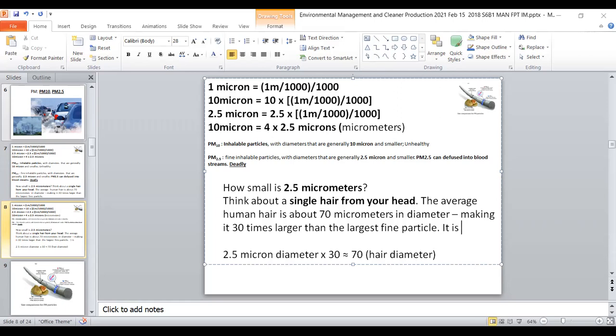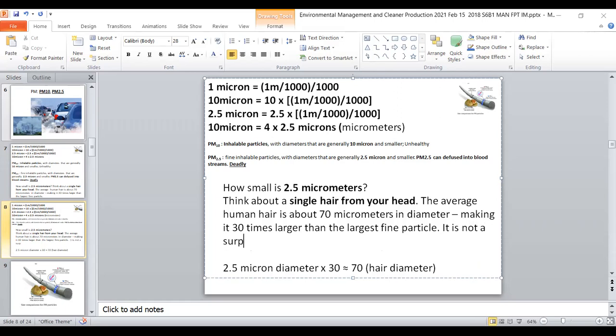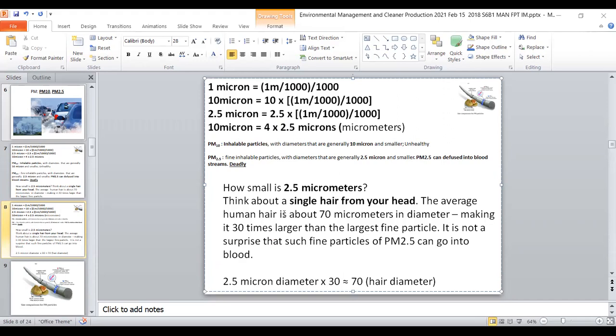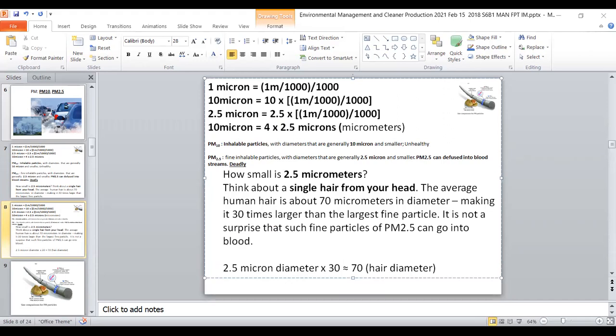It is not a surprise that such fine particles of PM2.5 can go into the lungs. So once they go into the blood, what happens?